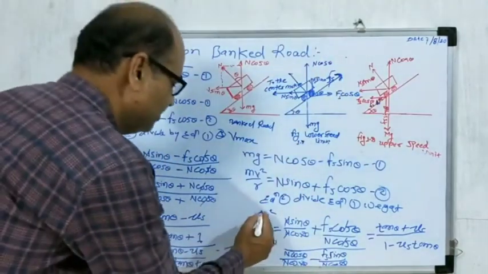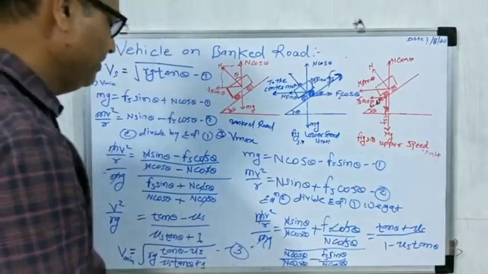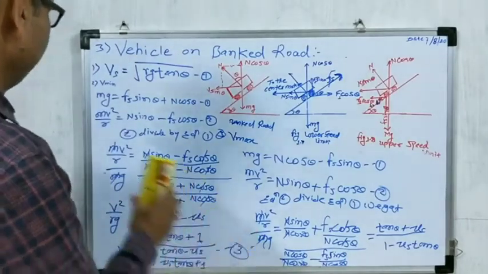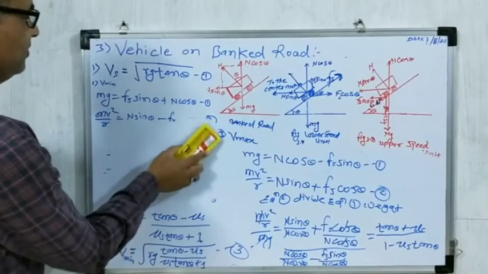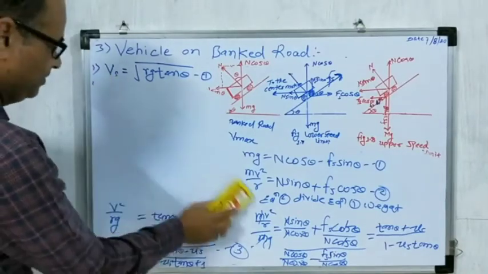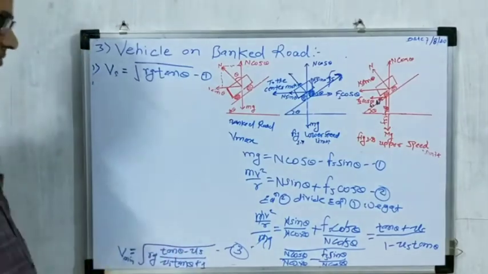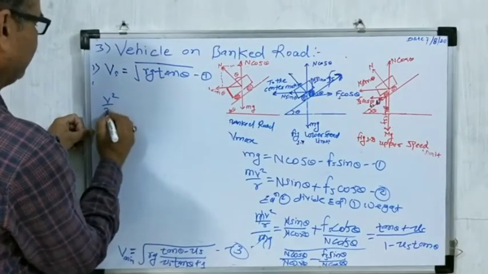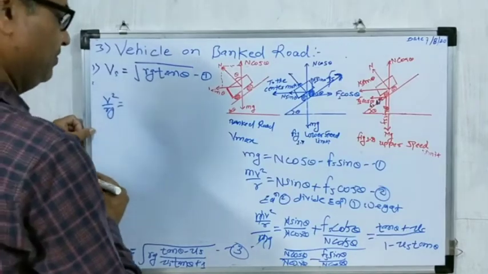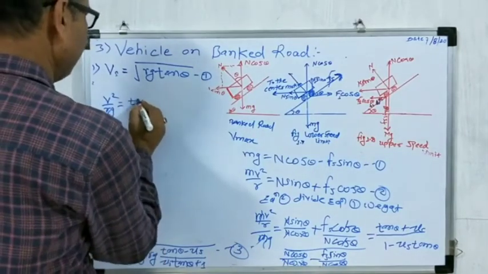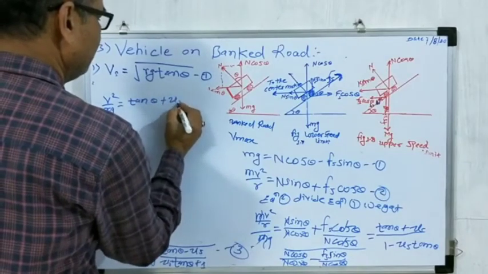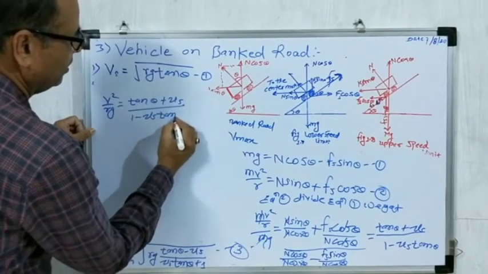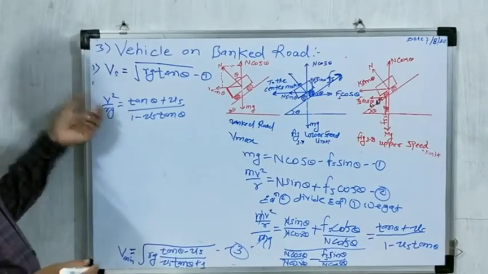Therefore here m should be cut, v square divided by rg is equal to tan theta plus mu s divided by 1 minus mu s into tan of theta, but the velocity should be determined.